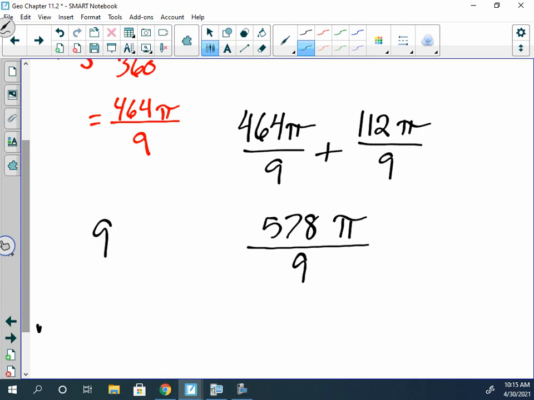I'm going to do this by hand. 578. So 9 can't go into 5, but 9 can go into 57. So here it would be 6 times, because it would be 54. 7 minus 4 is 3. 5 minus 5 is 0. Drop the 8.